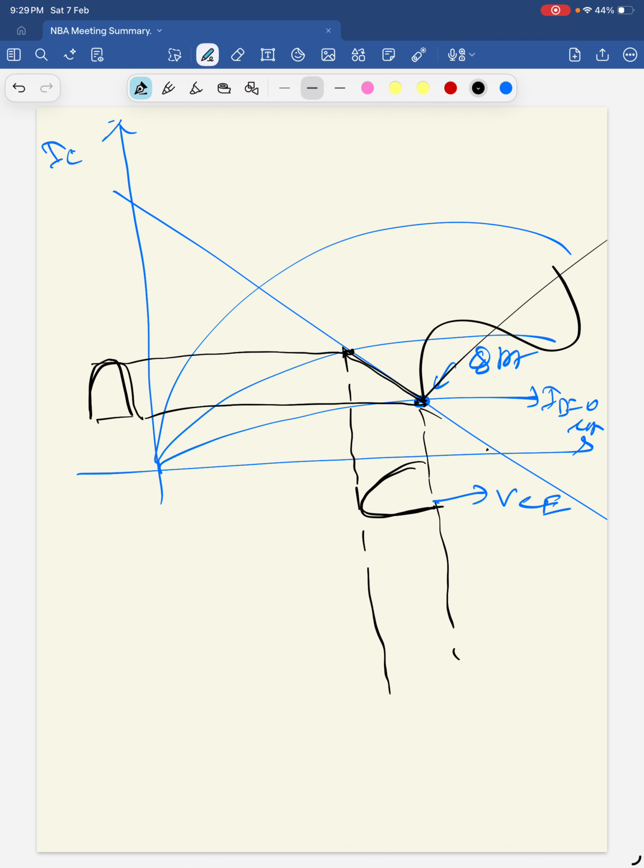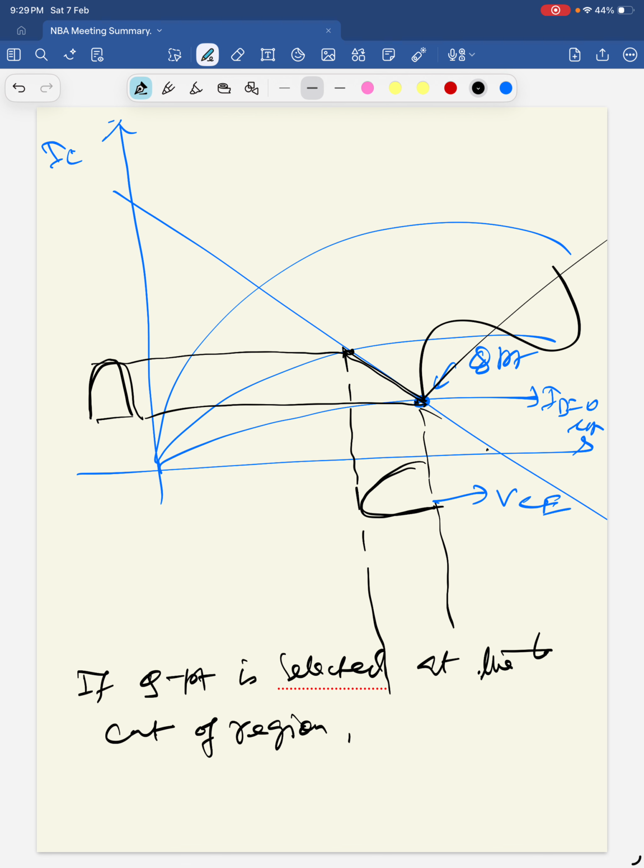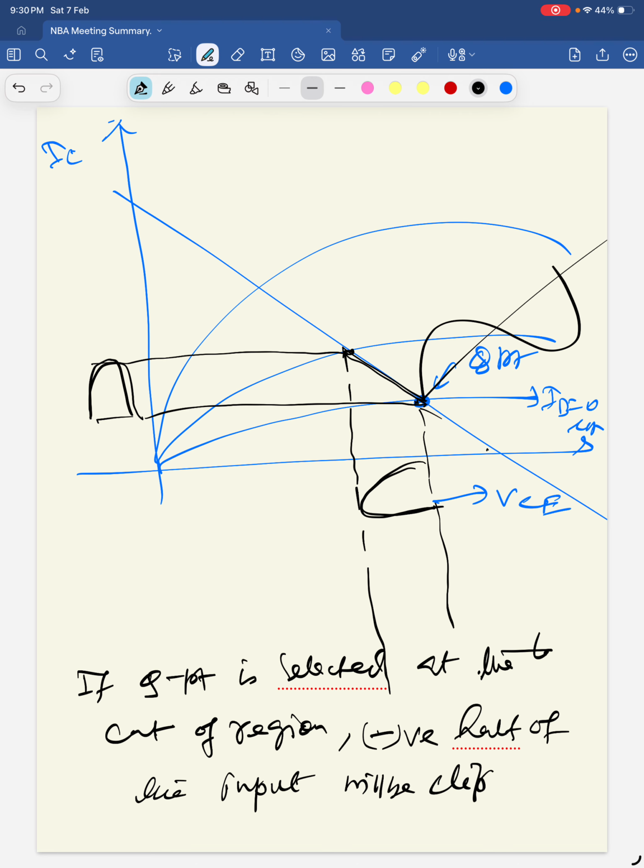So when the Q point is selected at the cutoff region, or nearer to the cutoff region, then the negative half of the input will be clipped off from the output of the amplifier.